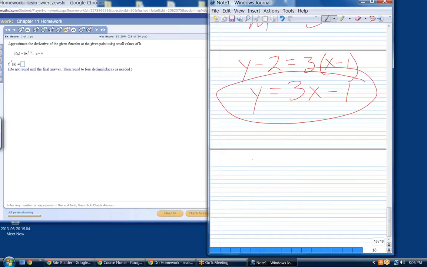So let's see, what do we want? We want f of x. Let's write it out. Let's do this methodically. So what is f of x plus h?